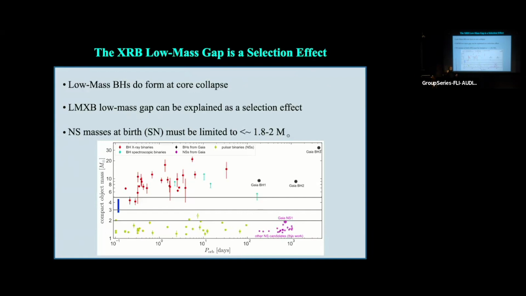So if you look at the young pulsars, the non-recycled pulsars, none of them are above 2 solar masses. In fact, most of them are below 1.7 solar masses. So that's where we are. This is our conclusion. And I'm going to leave it at this and welcome questions.